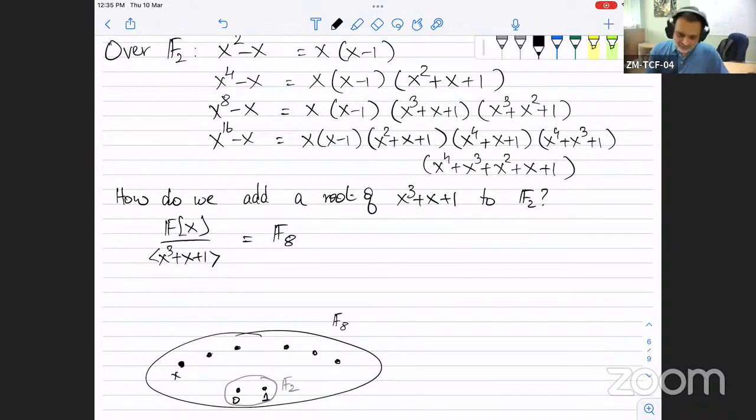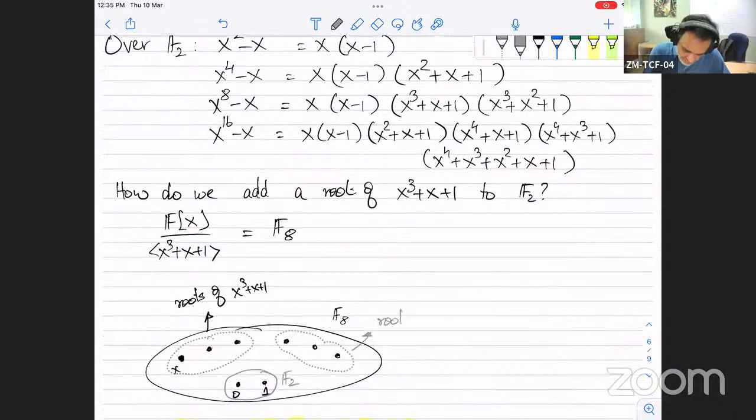So the funny thing that happens is that these 3 points turn out to be roots of the polynomial x cubed plus x plus 1, and the other 3 points turn out to be roots of x cubed plus x squared plus 1.